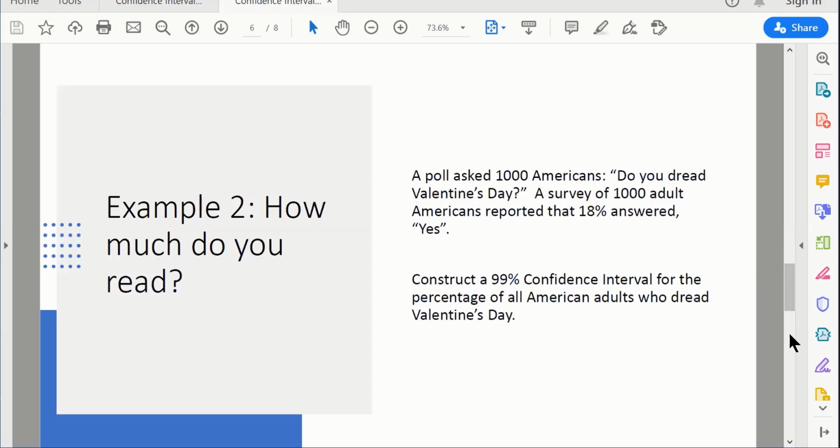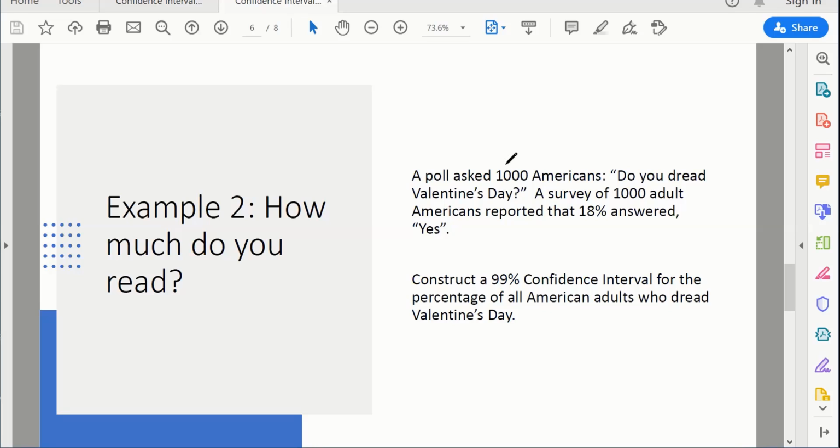So we'll try another one. A poll asked 1,000 Americans, do you dread Valentine's Day? A survey of 1,000 adult Americans reported that 18% answered yes. So they want us to construct a 99% confidence interval for the percentage of all Americans who dread Valentine's Day.